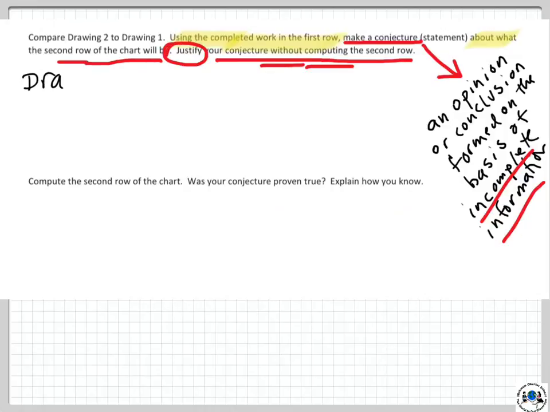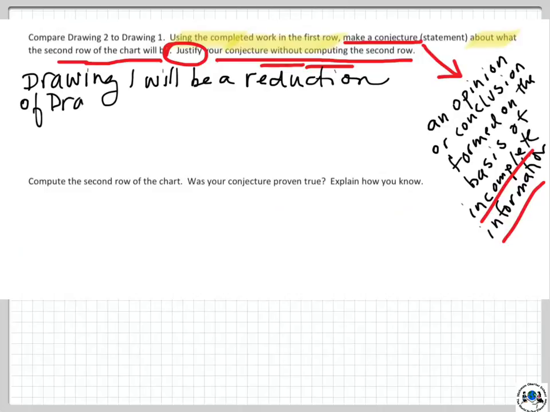And here's what I wrote. Drawing 1 will be a reduction of drawing 2. Duh. That seems to be one of the things they wanted us to conjecture about, and that seems pretty obvious to me.